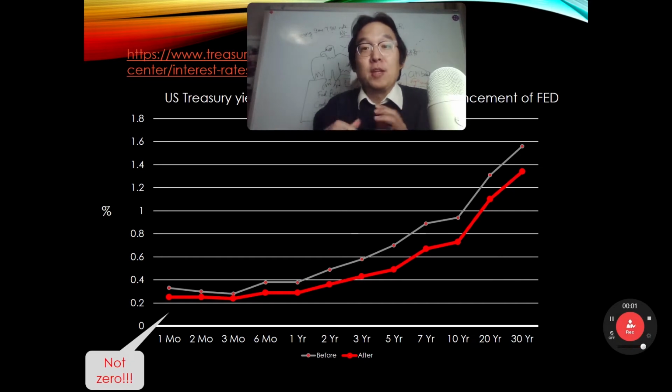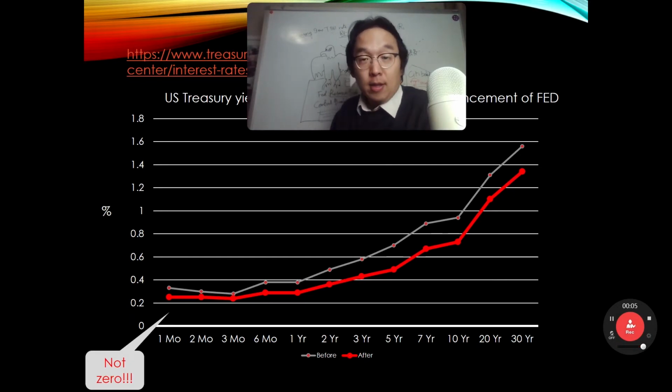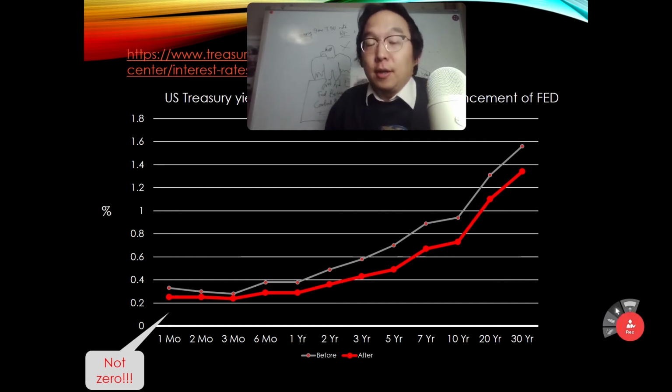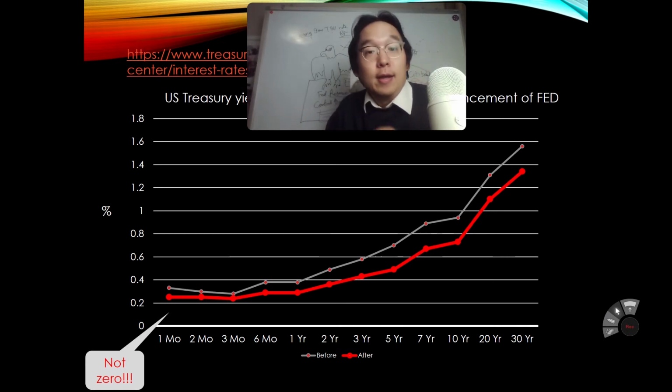If you look at the 1 month Treasury rate, even though Jerome Powell announced that he's targeting a 0% rate for Fed funds, it didn't really mean a 0% interest rate for the 1 month Treasury rate. After the announcement, the rate did not go down to 0 yet.